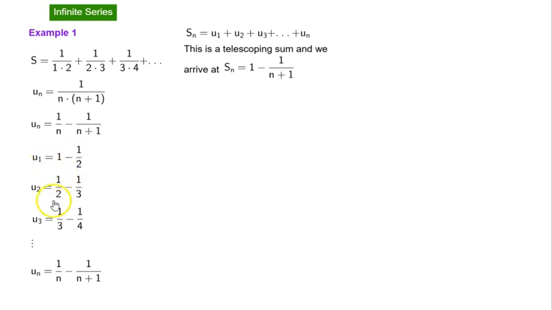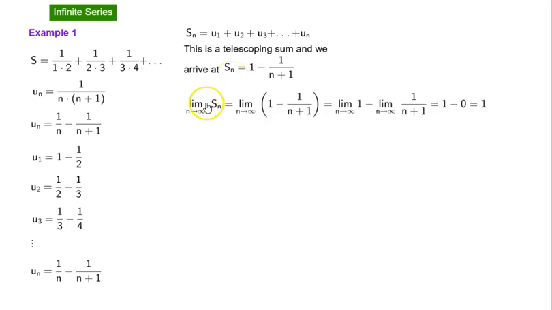Minus 1 by 2 plus 1 by 2. Minus 1 by 3 plus 1 by 3. Minus 1 by 4 plus 1 by 4. Remember, there are dots here. Minus 1 by n plus 1 by n. So what is left out is 1 minus 1 by n plus 1.